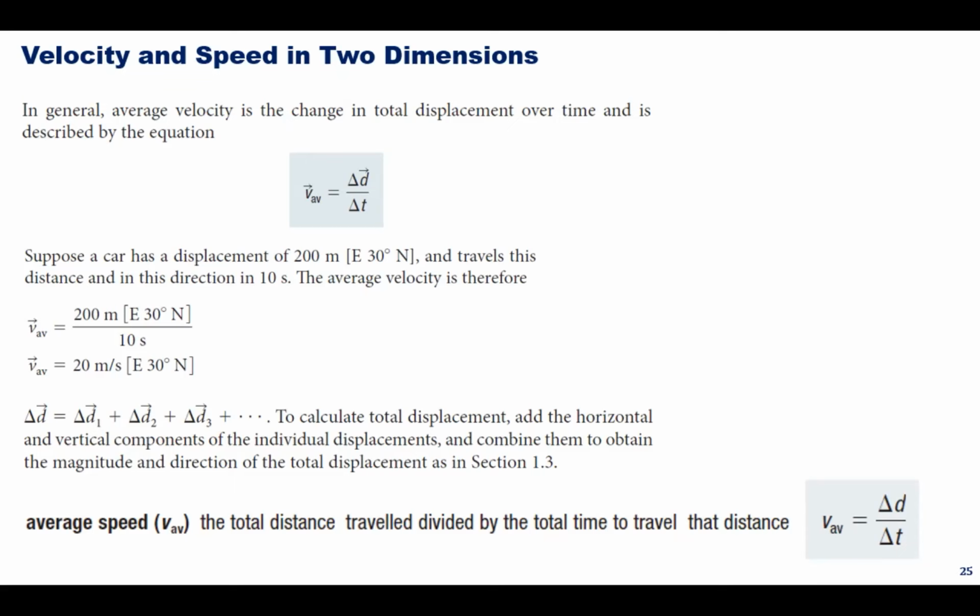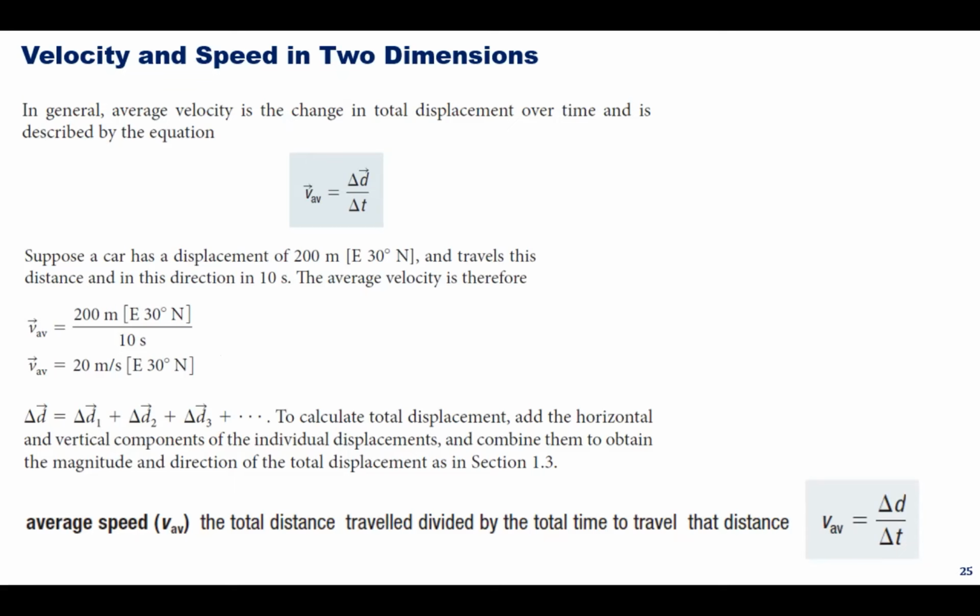So what happens when there are several displacements, though, each with a different direction? The average velocity for the entire trip is based on the total displacement. Therefore, the average velocity will always have the same direction as the total displacement. So in this equation, the average velocity equals total displacement over delta t, and we have total displacement equals delta d1 plus delta d2 plus delta d3, and so on.